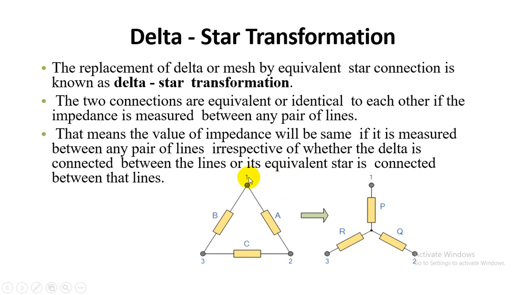If we find the equivalent resistance or impedance between 1 and 2 in case of delta, we consider the same terminals in case of star to find the equivalent values, impedance if it is an impedance circuit, or resistance if it is a resistance circuit.